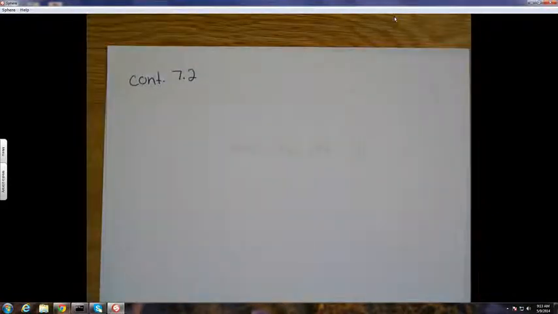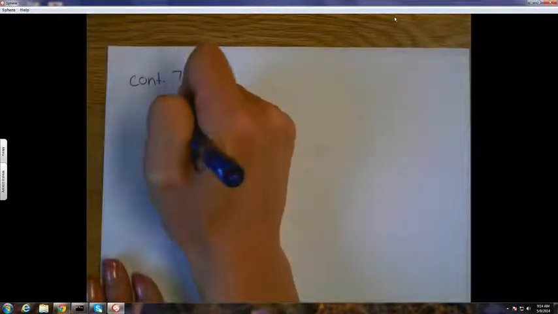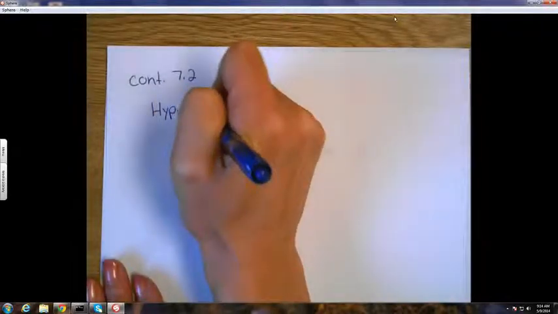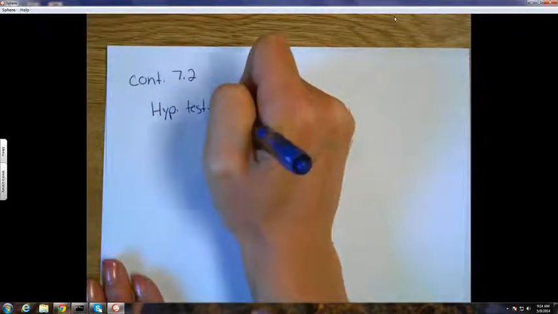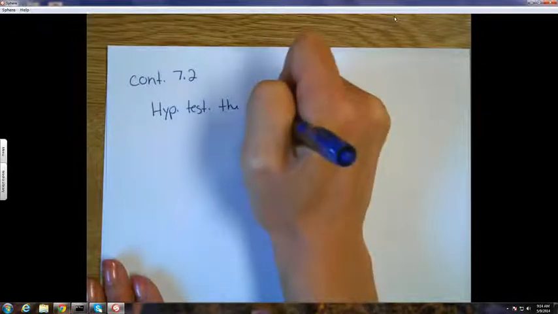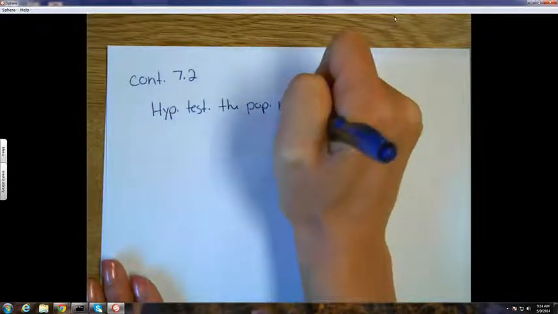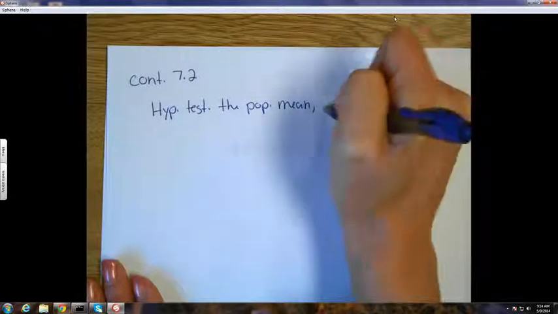I'm going to give you the steps for hypothesis testing for the population mean, large sample.